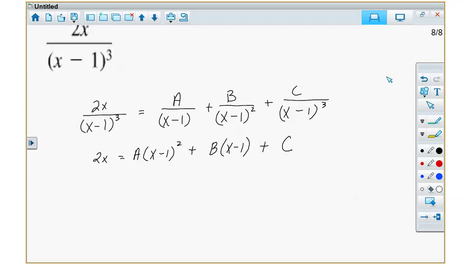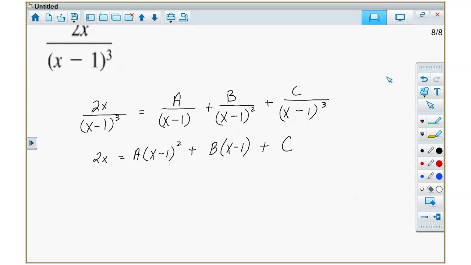It's going to be ax squared minus 2ax plus a plus bx minus b. Let's go ahead and plug in plus 1.